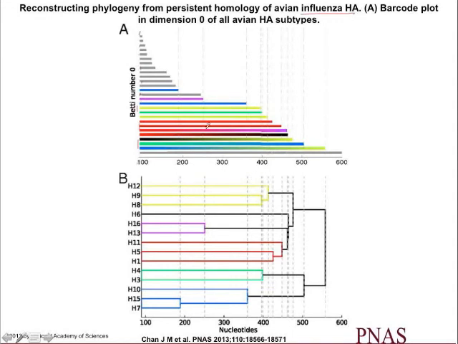But if we then take a look at their distances, so we've got several different influenza viruses, but we can take a look at a Hamming type or another distance between them. As we grow our epsilon balls, they join together, and we can create a tree using our 0th dimensional homology.